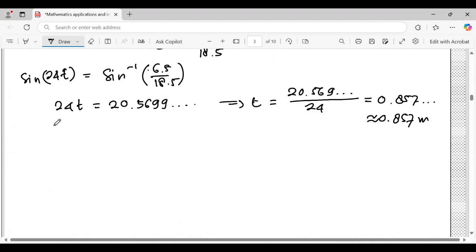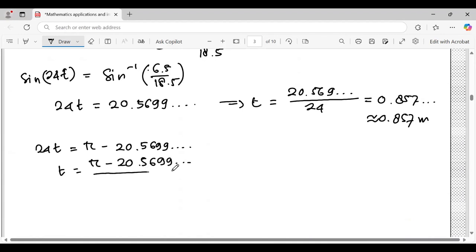Right. And the second value of t: 24t equals pi minus 20.5699, and t equals pi minus 20.5699 divided by 24, and the result is 6.642916.